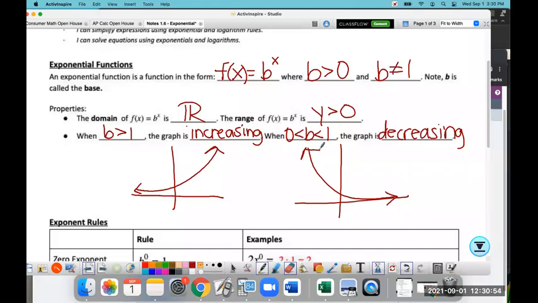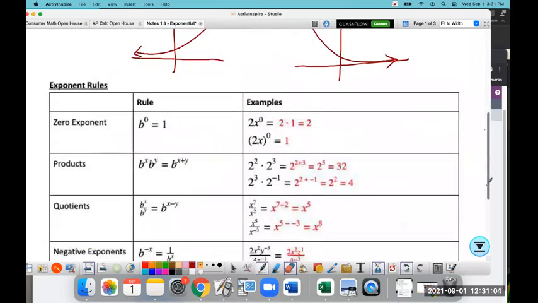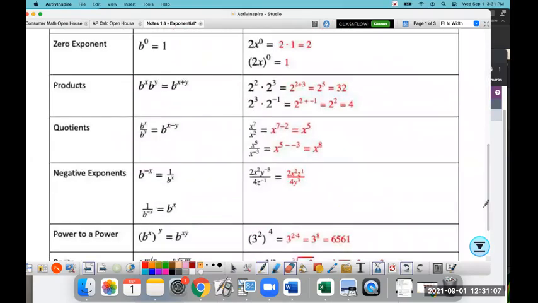All right, so that is a few basics about our exponential functions. Right now, I want to look at exponent rules for a quick second. So first rule is if we have a 0 as our exponent, anything raised to the 0 power is going to be 1. The thing that you have to pay attention to is what is the 0 on?